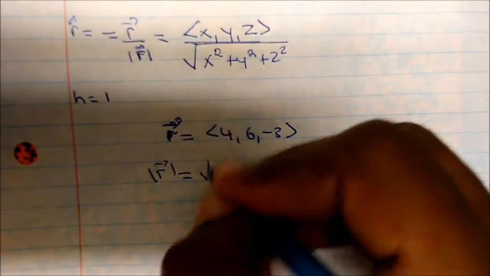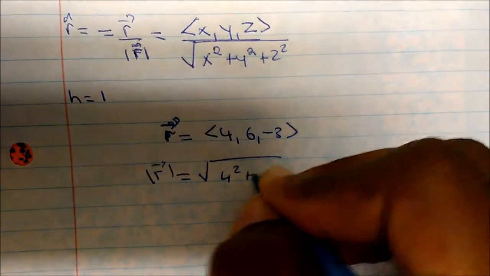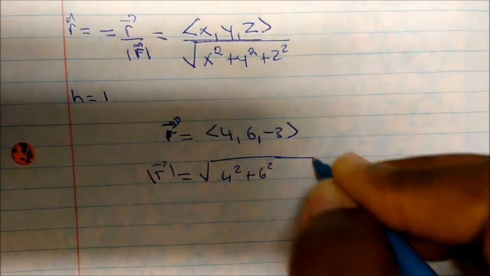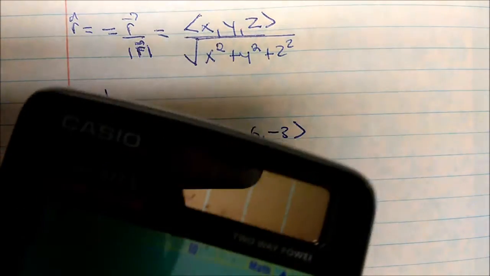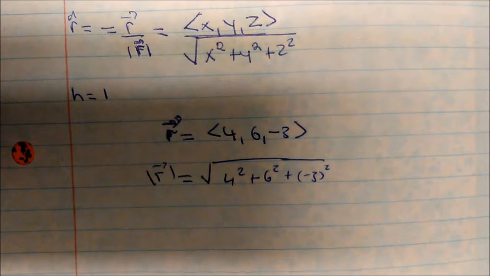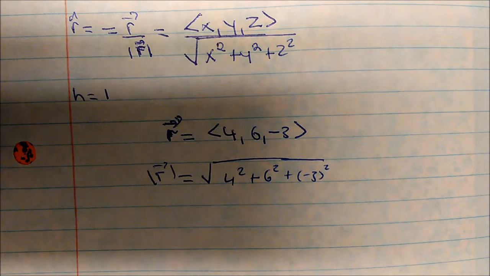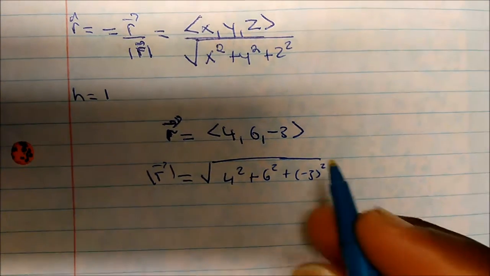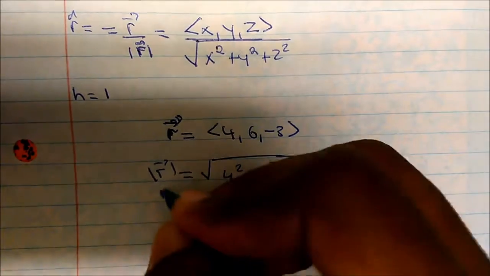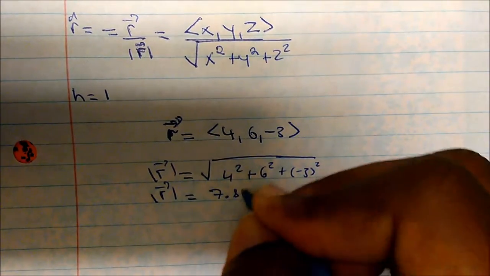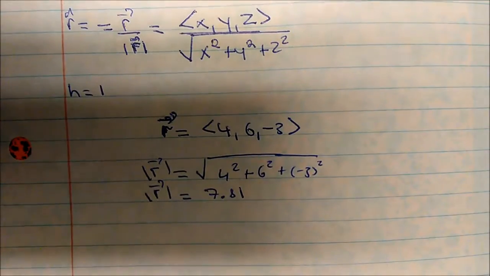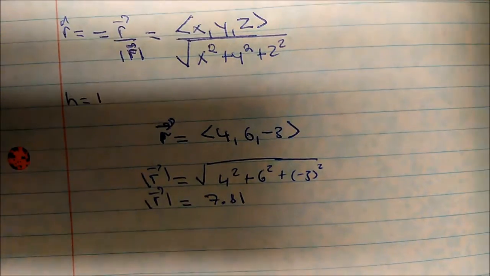So I take the square root of 4 squared plus 6 squared plus -3 squared. When I plug this in my calculator, I get my r to be 7.81.